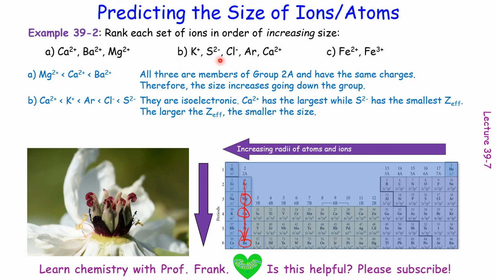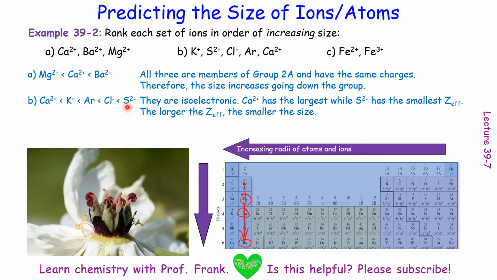Among these isoelectronic series, calcium 2+ has the largest Zeff, therefore it should be the smallest. On the other side, sulfide has the smallest Zeff, then it should have the largest size.